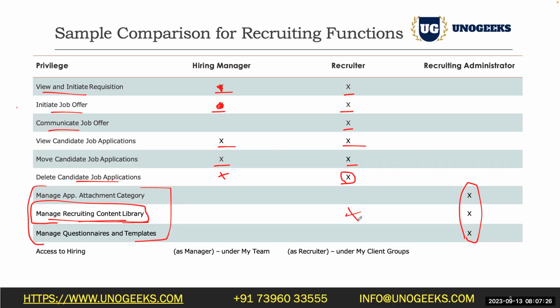Okay? And then sometimes we will have one more recruiter role. Let's call it senior recruiter. So we'll have a senior recruiter role. Let's say there are certain things which we'll remove from the junior recruiter role, for example, communicate job offer, and then delete candidate application. So initiate job offer.